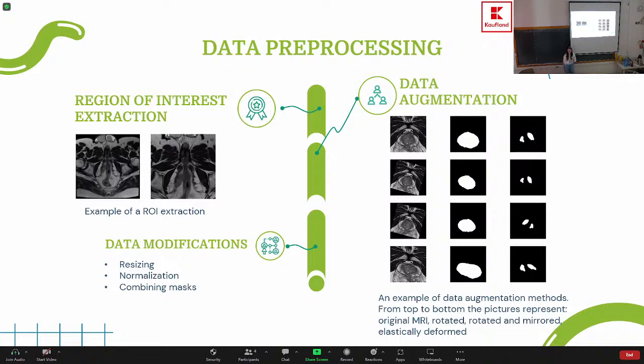We use rotation, mirroring, which is just inverse, as you can see here, and elastic deformation, which was presented in a paper by Simard. And then we continue with data modification: resizing, so every MRI has the same shape, for computational reasons, normalization using the scipy mean technique, and combining the mask using two categories.